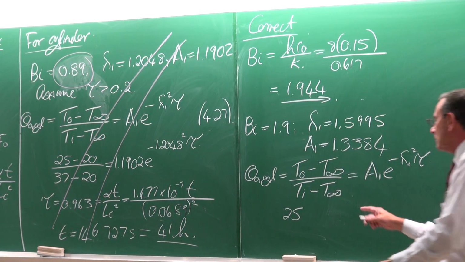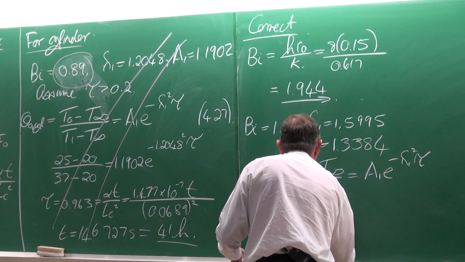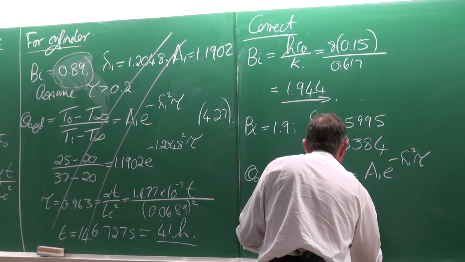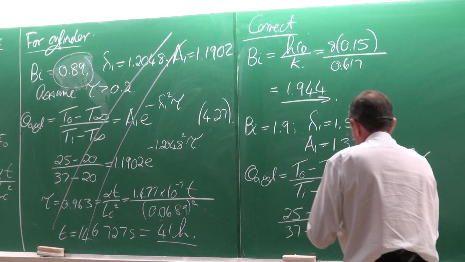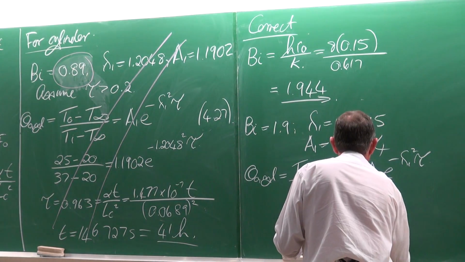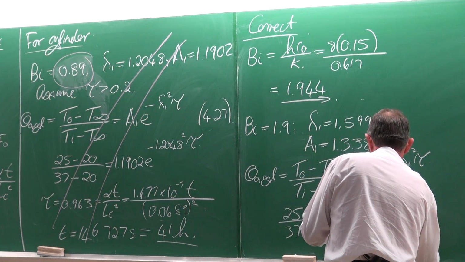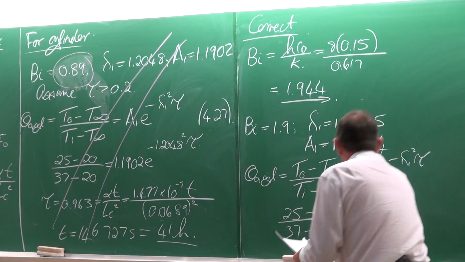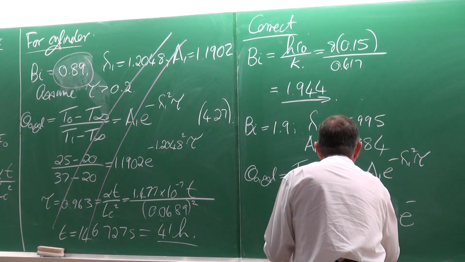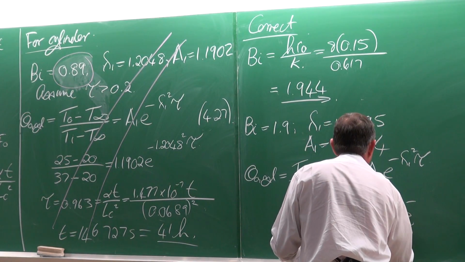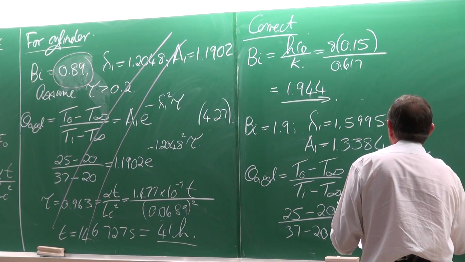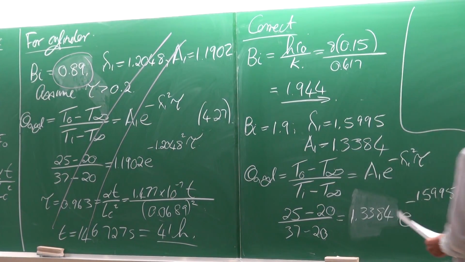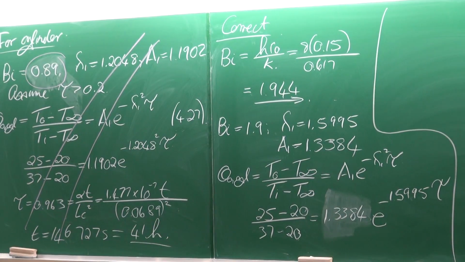It's on its way. 25 minus 20 over 37 minus 20 is equal to A1, which is 1.3384, multiplied by e to the minus lambda 1, which is 1.5995, squared, multiplied by tau. Okay. Now you can go and solve for tau.